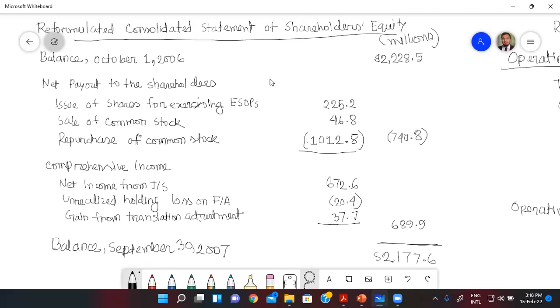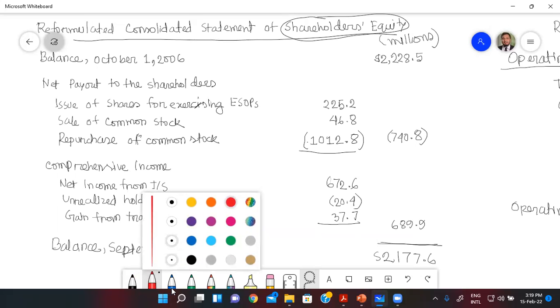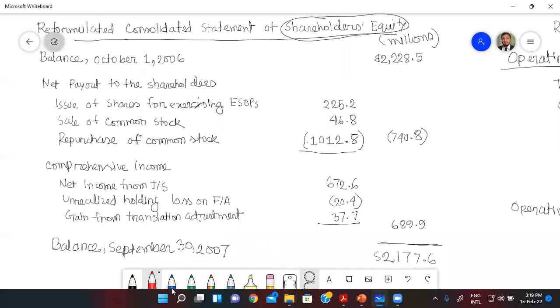Okay. You see, what is the starting point? Firstly, we need to write out the beginning balance of the shareholders' equity. If I take the red, it will be clear here. What I need to do first is take the beginning balance of shareholders' equity.